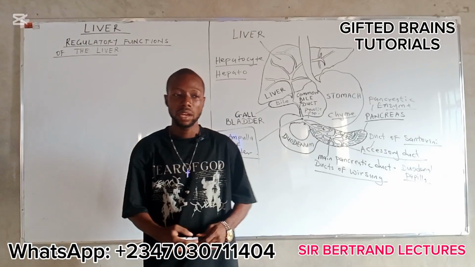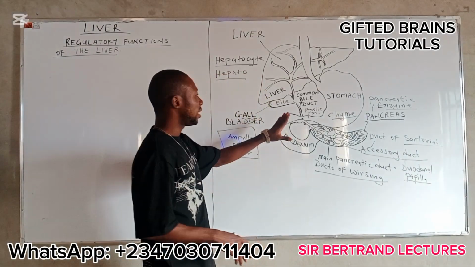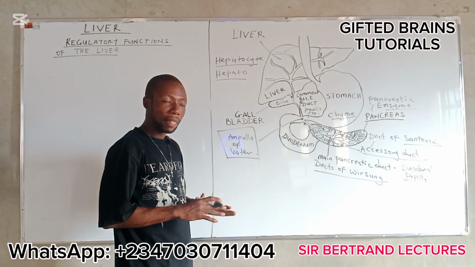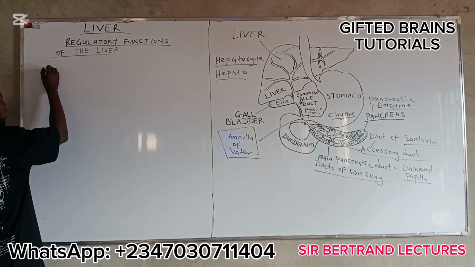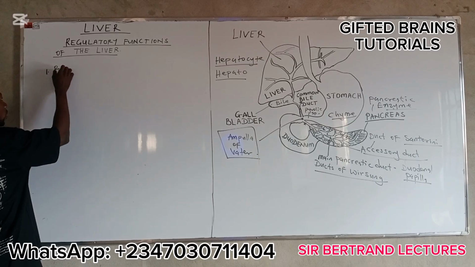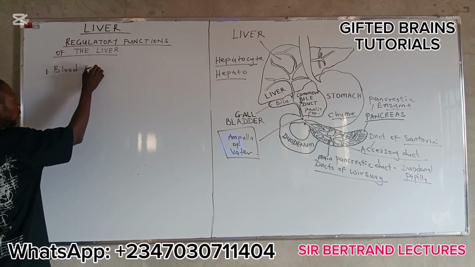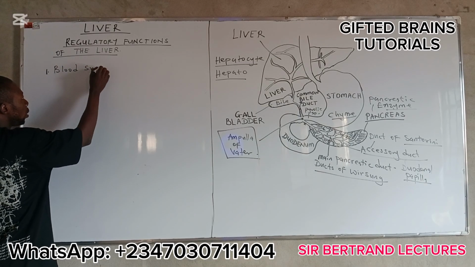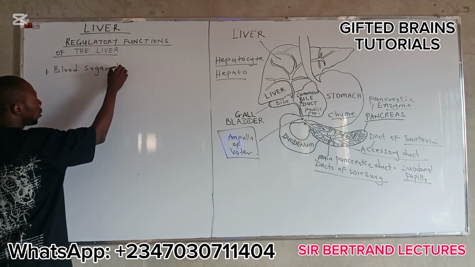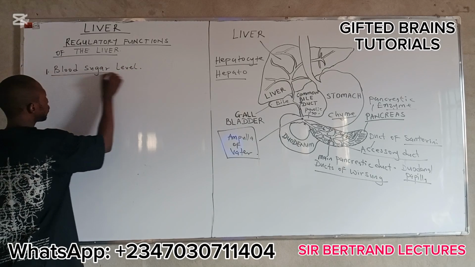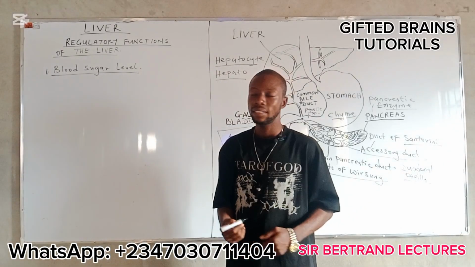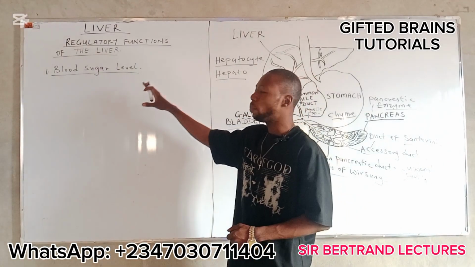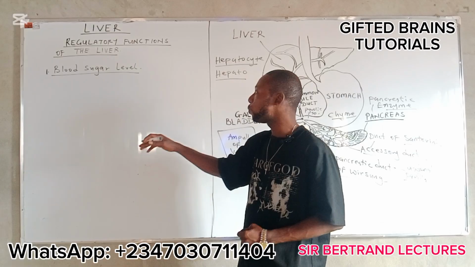Here we are going to look at the regulatory functions of the liver. Number one function of the liver is regulating the blood sugar level. All right, the liver maintains the blood sugar level.